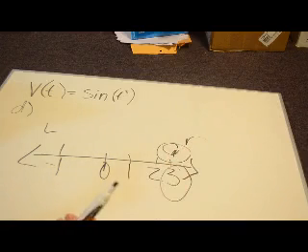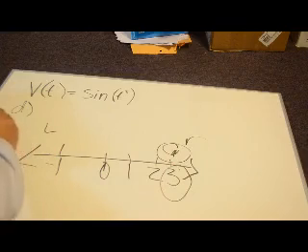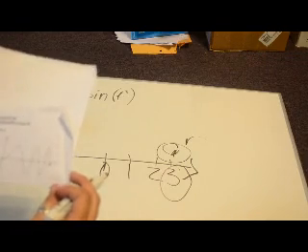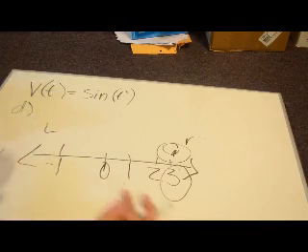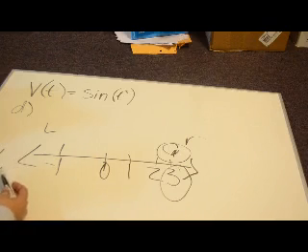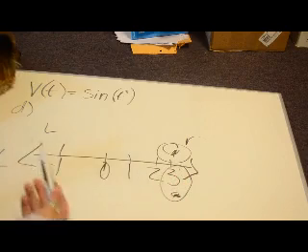Now pretend that this number line is the x-axis. It wants to find what time the particle is farthest to the right. So when is x the highest number? When is x maxed?